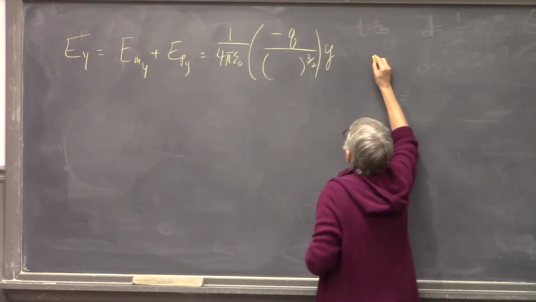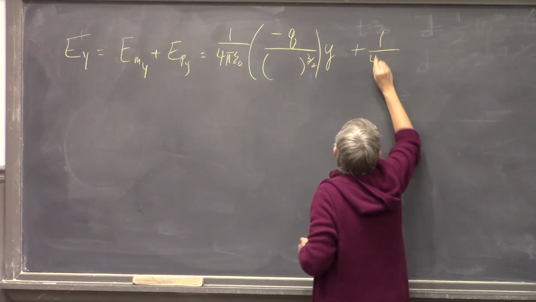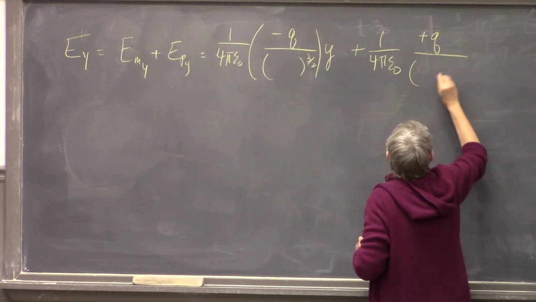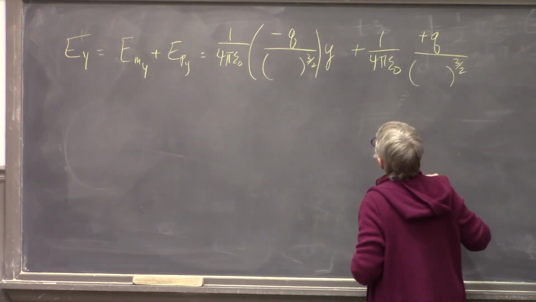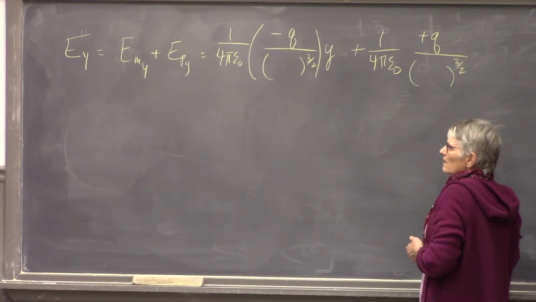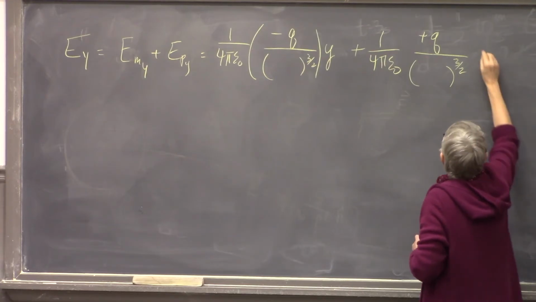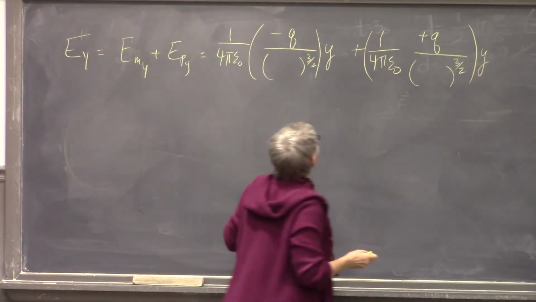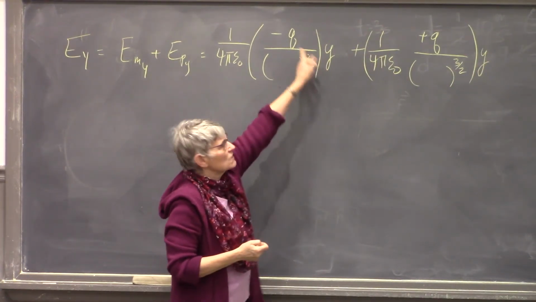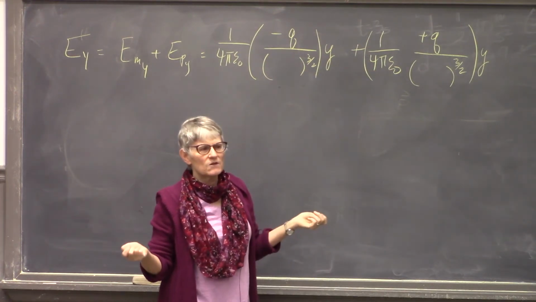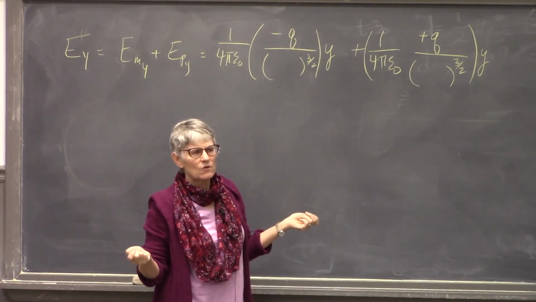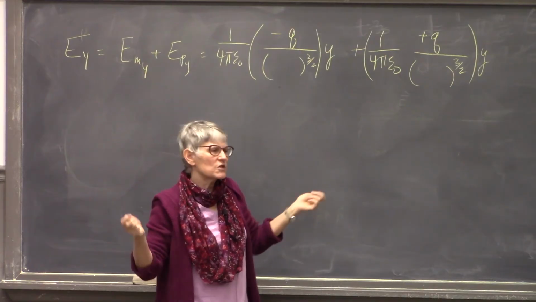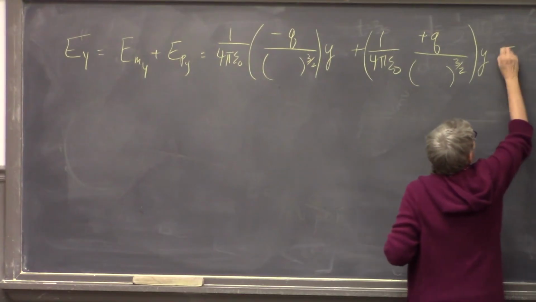And then plus a 1 over 4 pi epsilon 0 plus q over this whole thing to the 3/2 times y. And we see that these are the same except for the sign, so it's going to add up to 0. So the y component is just going to add up to 0, right? And that's what we saw when we did it graphically.